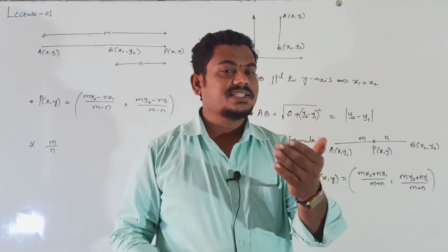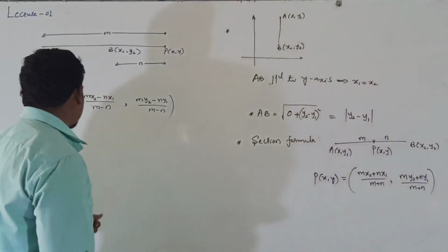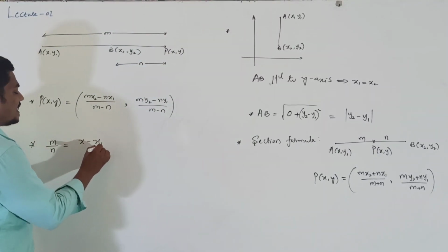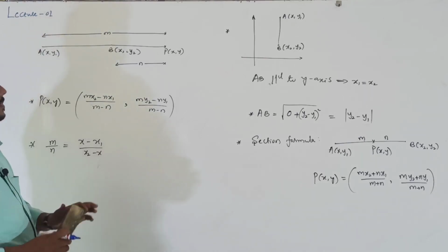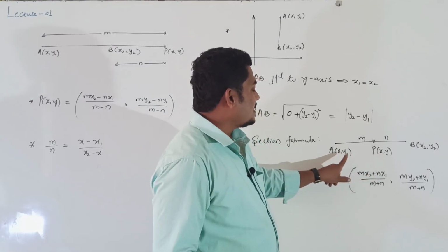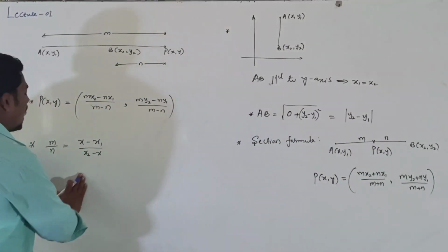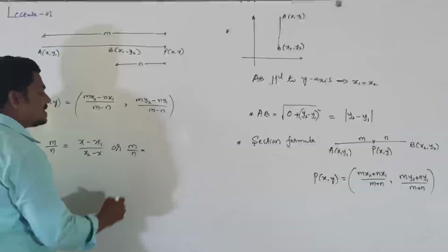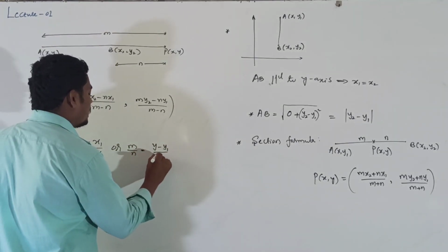If you are interested in finding the ratio, then m by n is equal to x minus x1 divided by x2 minus x. Either internally or externally, same formula. Or you can use the y coordinate also.